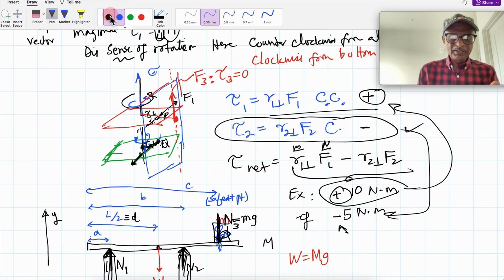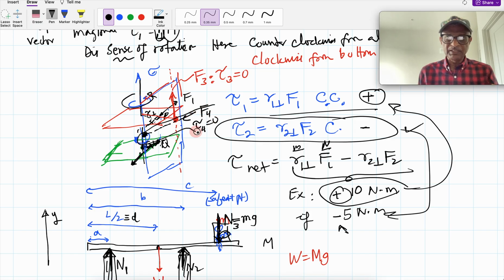Another important case is if I had a force I was pushing on the door directly so that this line actually meets the axis. For that, torque 4 will be 0. So these are really important cases to remember: if the force is parallel to the axis, torque will be 0.